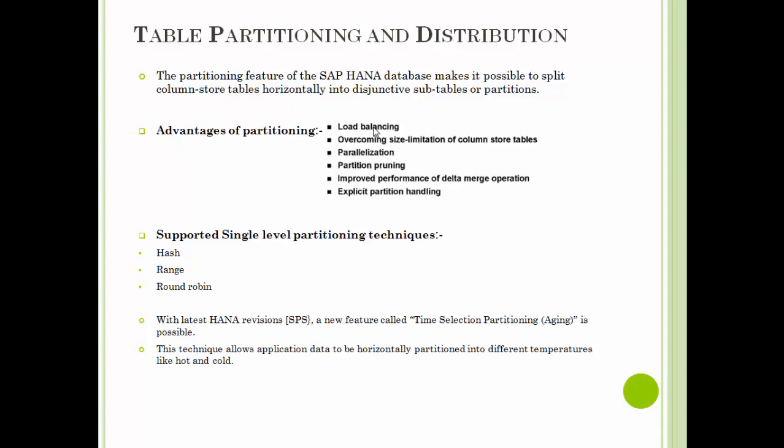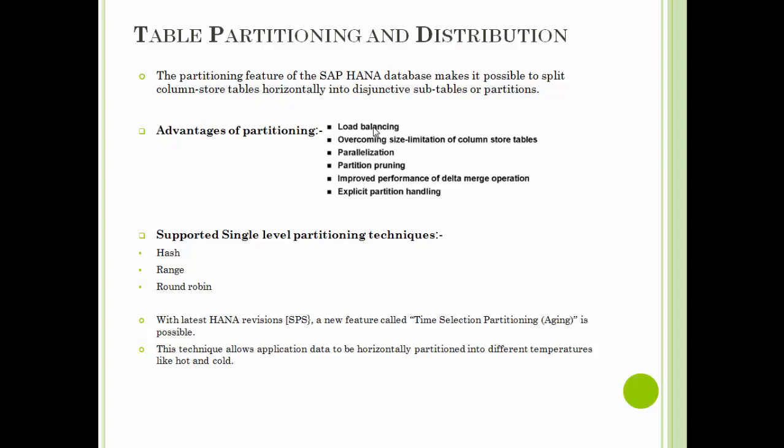Here the limitation is that each partition must not contain more than 2 billion rows. But we can still overcome the limit of 2 billion rows for a particular table by making partitions. That's how we can overcome the size limitation of column store tables.